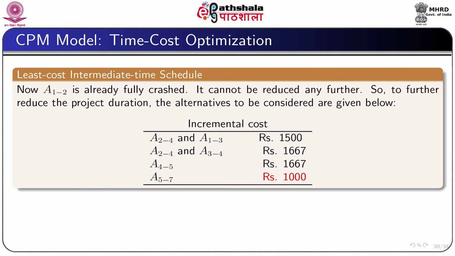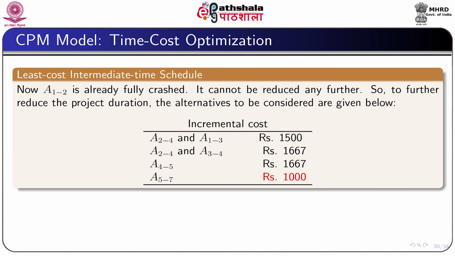Now, activity 1 2 is already fully crashed, as I mentioned, and cannot be reduced further. So, to further reduce the project duration, the alternatives are to be considered as shown in the slide: activities 2 4 and 1 3, activities 2 4 and 3 4, activity 4 5 and activity 5 7.